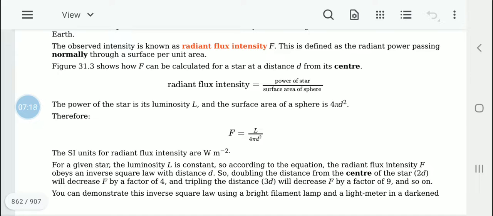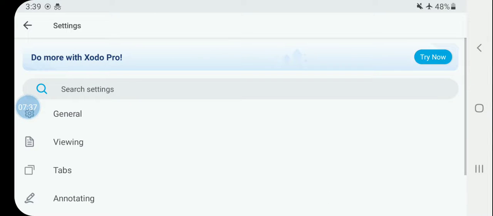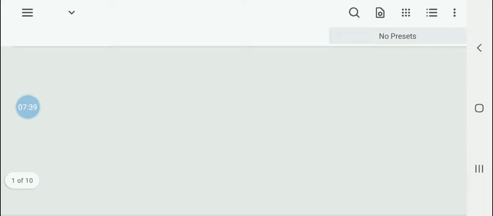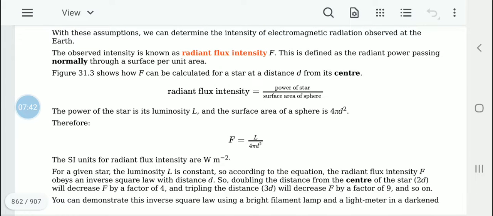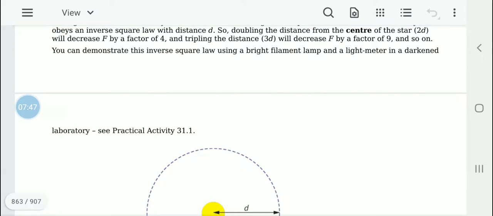So if you double the distance from the center of the star, F will decrease by a factor of 4. If you triple the distance, it will decrease F by a factor of 9, etc. This inverse square law can be demonstrated using a filament lamp and a light meter in a dark laboratory.